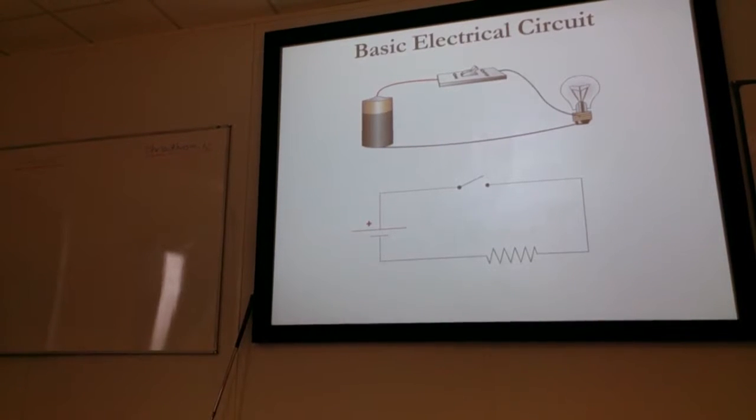Okay, when we've got ourselves a basic circuit, we require a force to move that current around the circuit, and that force is electromotive force, or volts, or potential difference. That is our force. Electromotive force, potential difference. Let me try and explain it this way.